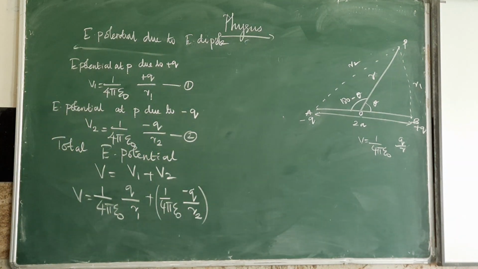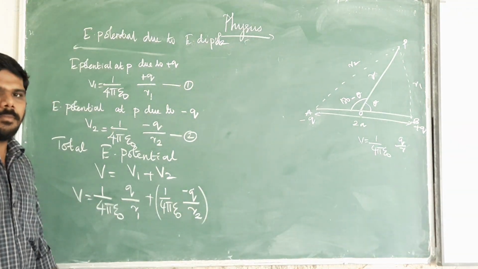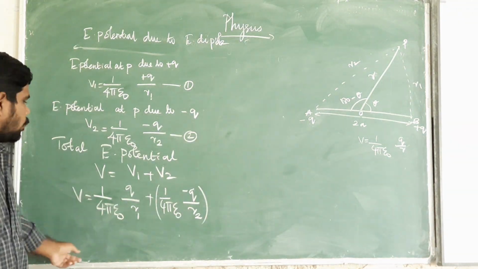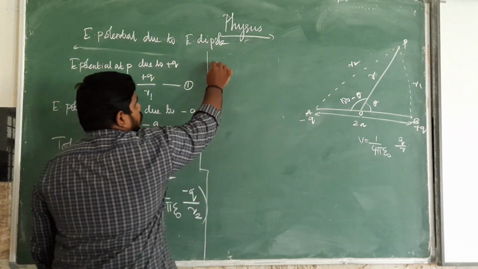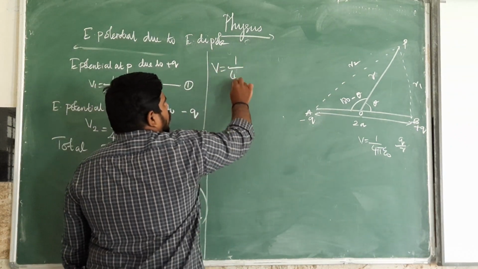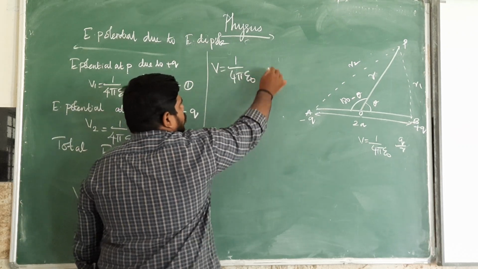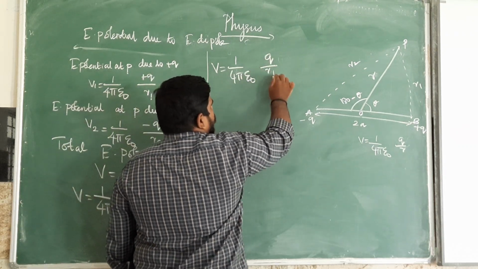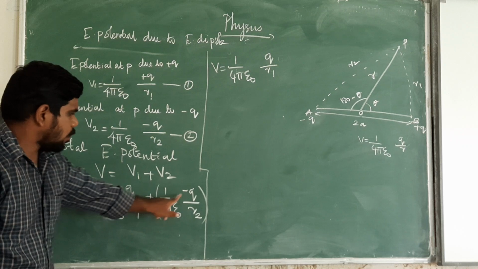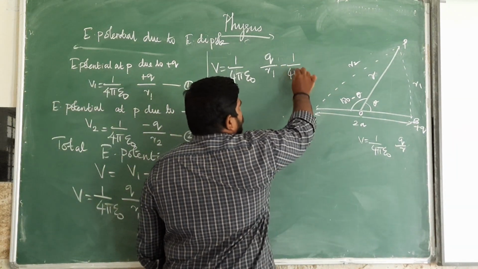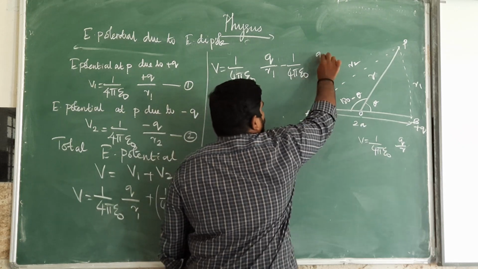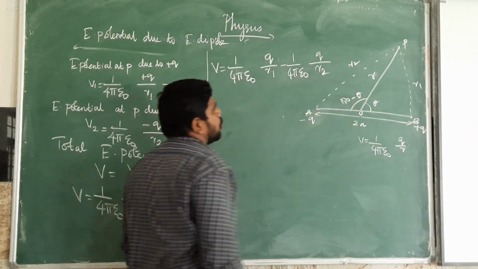Plus into minus is minus. So if you calculate, V is equal to 1 by 4 pi epsilon 0 q by r1 minus 1 by 4 pi epsilon 0 q by r2.